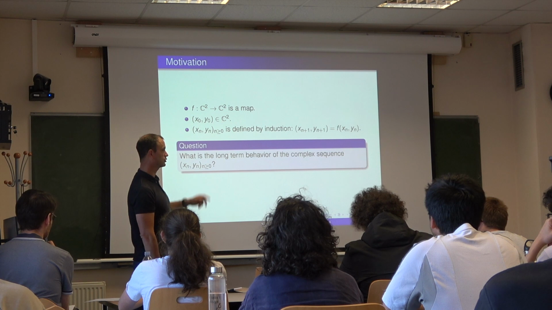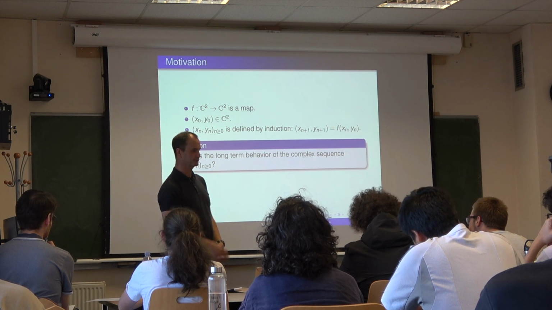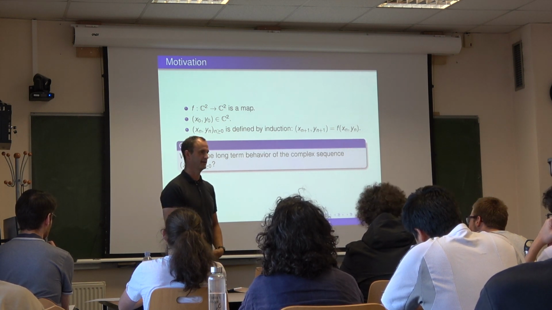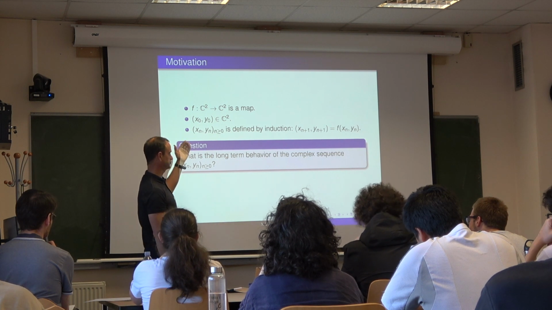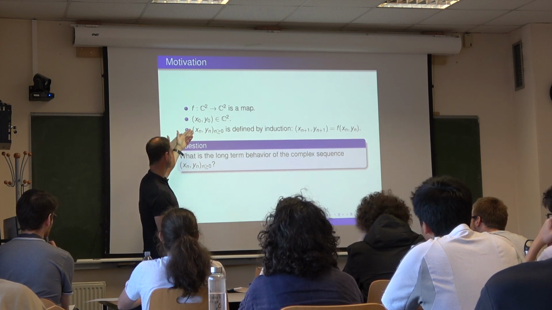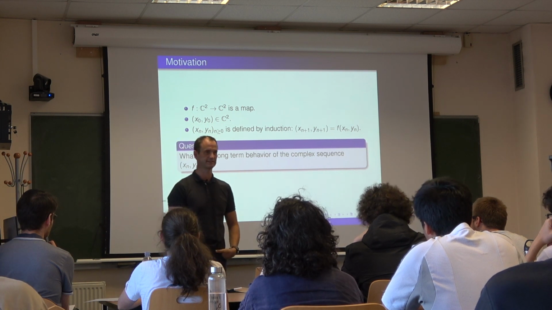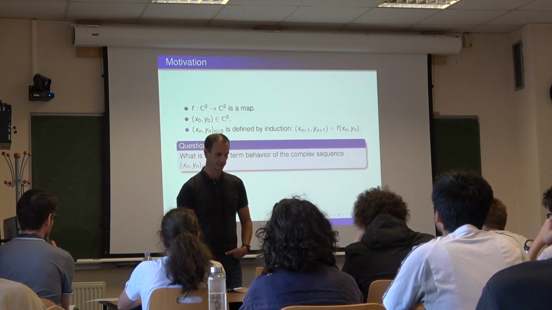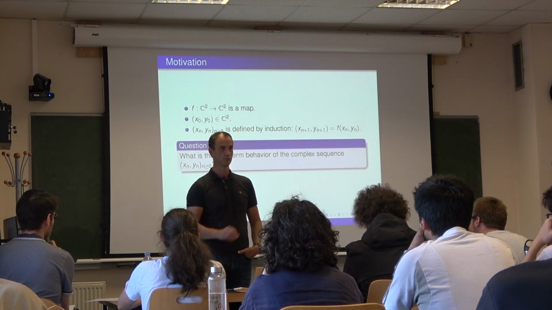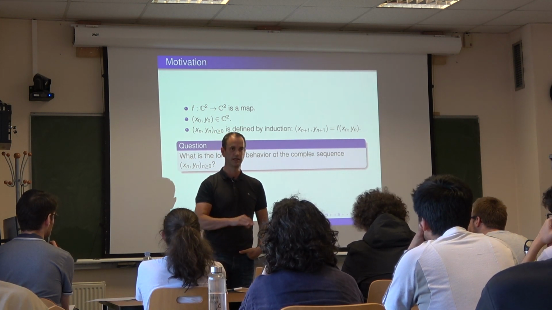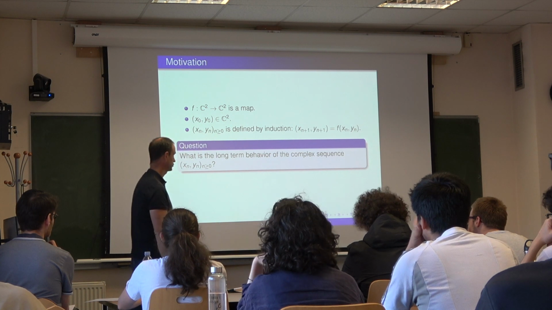Going to two complex variables goes back maybe to the 90s, and making a link between this subject, iterating a map from C2 to C2, and geodesics on affine surfaces goes back maybe to 10 or 15 years ago, without anything in between.